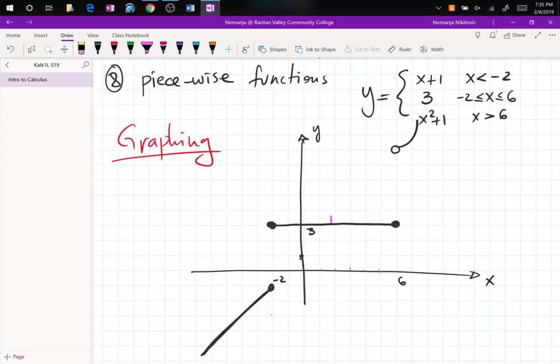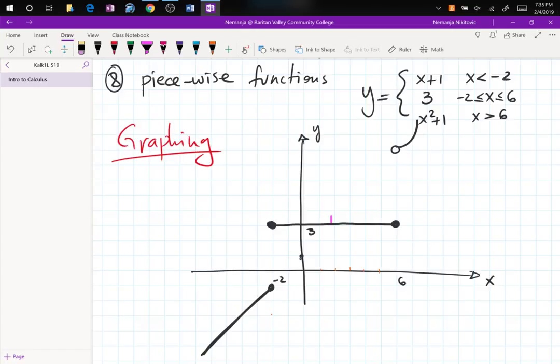And as soon as that hits 6, it stops for that line, and this function takes over. 6 squared is 36 plus 1 is 37. So y is 37. That's why it can't fit on the graph. And then it goes from there.